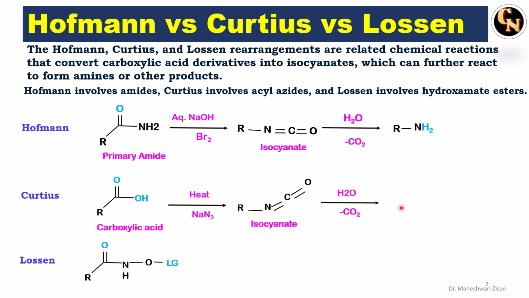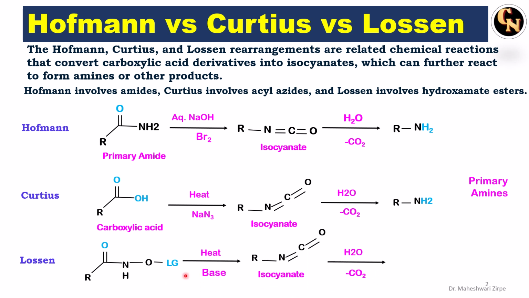Carbon dioxide gas will be released and it forms a primary amine. Similarly, in Lossen rearrangement, there is a leaving group which gets eliminated because of the base, and there is rearrangement of the R group to form isocyanate.